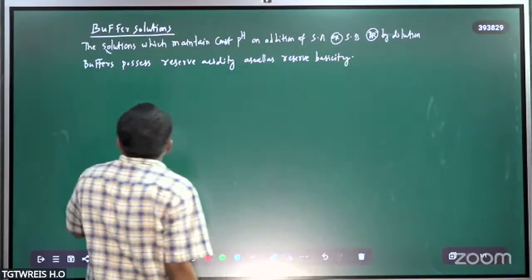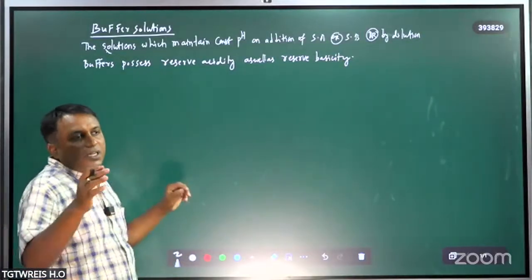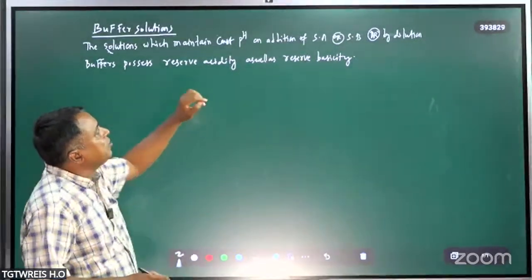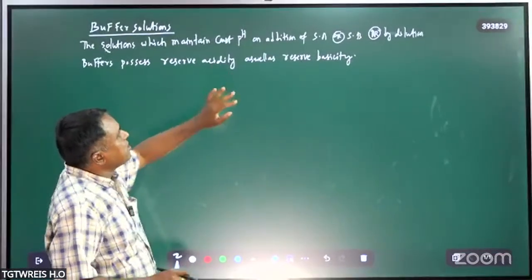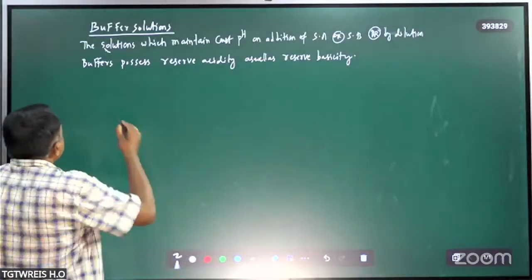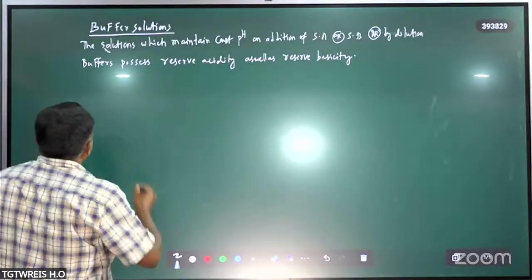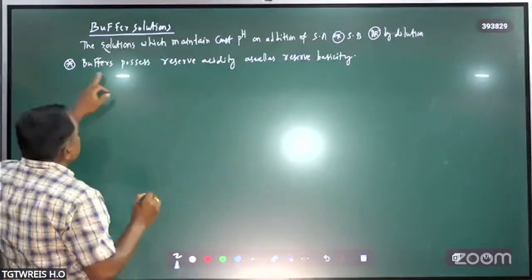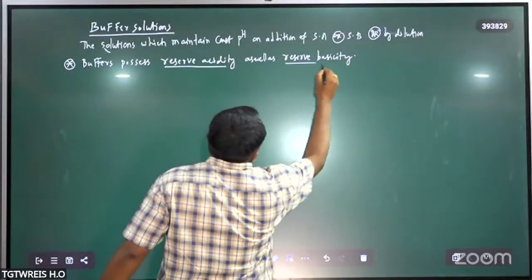That's why buffer solutions maintain the constant pH on addition of acid or on addition of base or by diluting with water. The solutions possessing what? Reserve acidity character as well as the reserve basicity character. So these solutions are called as what? Buffer solutions. This is a very important point because they possess reserve acidity as well as reserve basicity character.